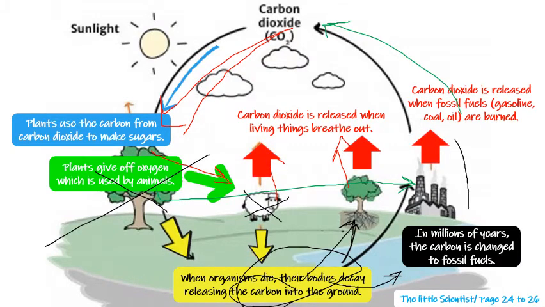Fossil fuels are used, we burn them, and then we produce the carbon cycle. So here we can clearly see that carbon is recycled in nature. It is transferred between the atmosphere and living things.